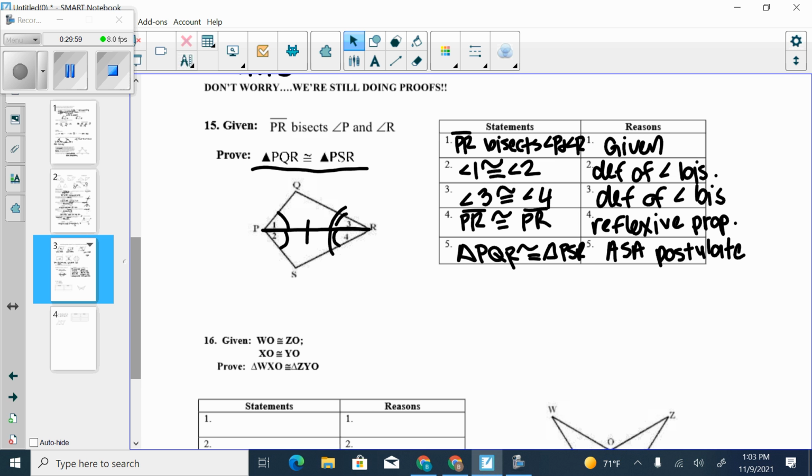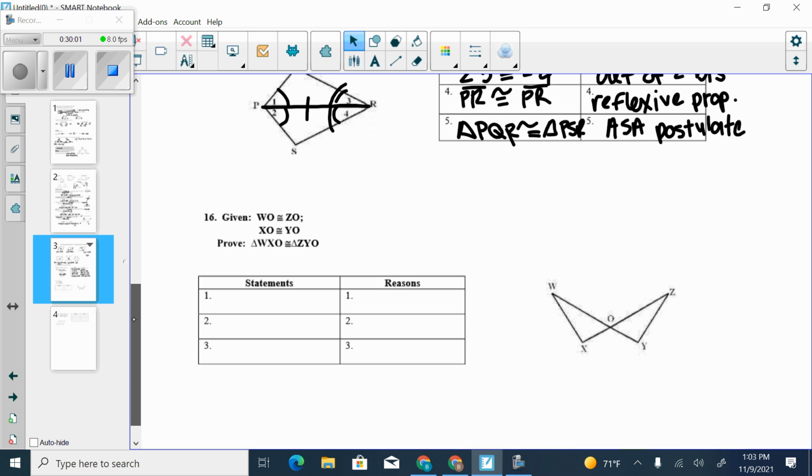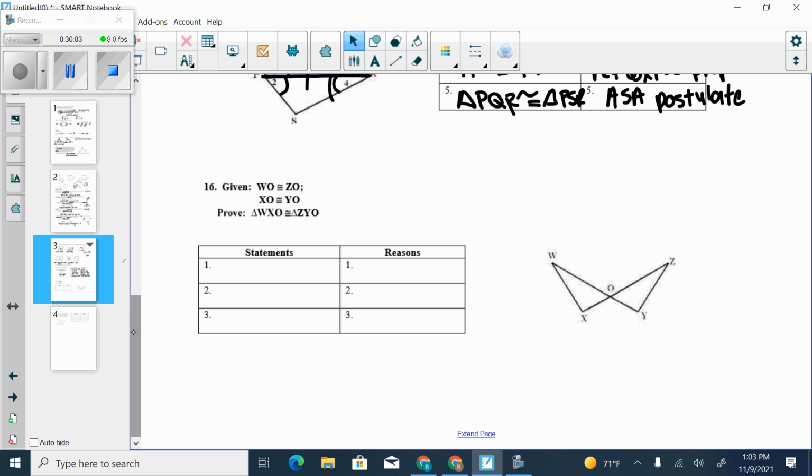Alright, let's look at another one. On number 16, what should I put as my first statement? The given. So we got WO is congruent to ZO, and we have that XO is congruent to YO. And what's the reason for that?